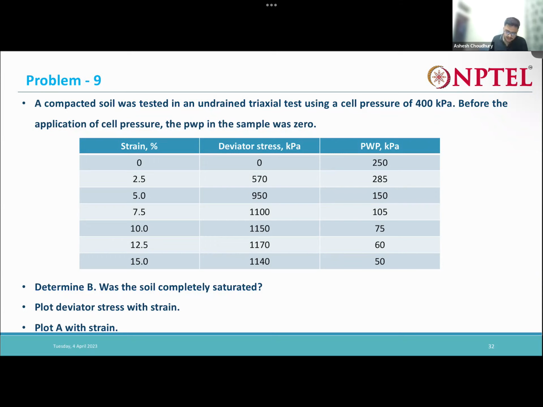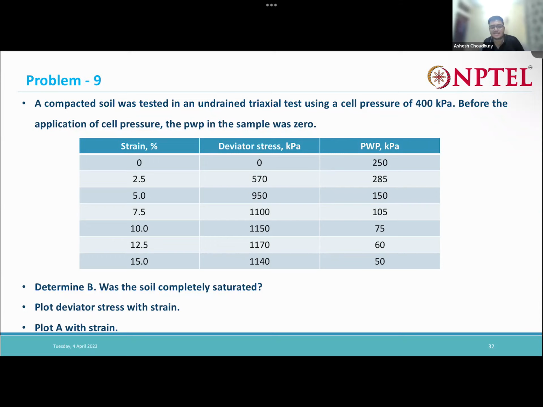You can see that when my deviator stress is 0, a certain amount of pore water pressure is there, which is 250. So can you tell me how this 250 got developed? You are not applying deviator stress, so it is not due to the deviator stress.